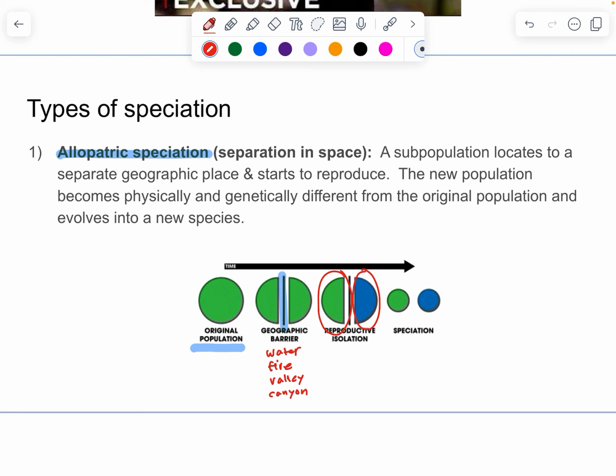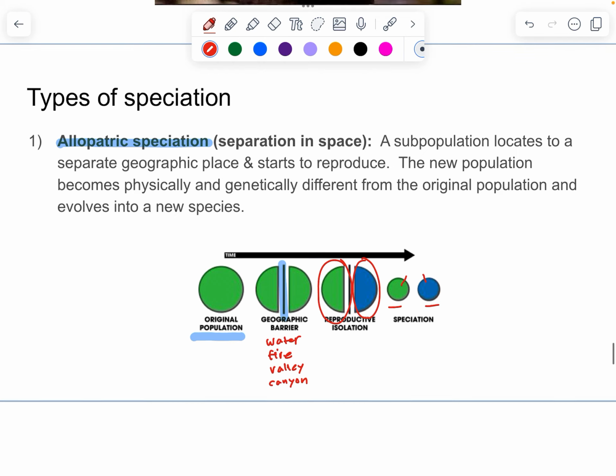As a result, after multiple generations, each population accumulates enough genetic differences, and they eventually evolve into two separate species. So even when we bring these individuals together in the same space and same time, they are no longer able to interbreed with one another.